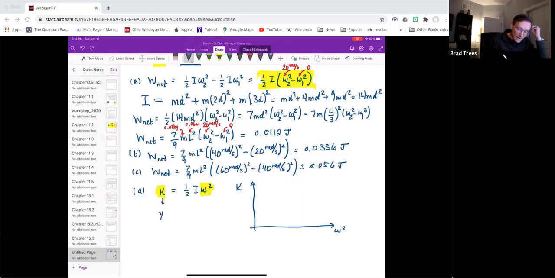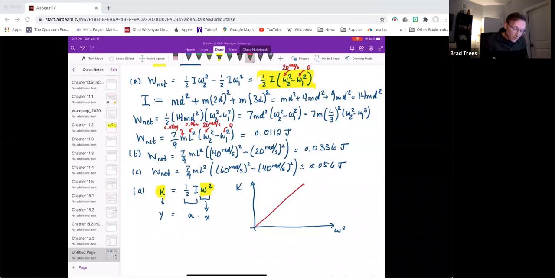That's now y, and omega squared is now x. And so that is just a constant. Notice that's the equation of a straight line. It's going to be a straight line of positive slope, and that slope is 1/2 I. So the slope of that plot will be half the rotational inertia.